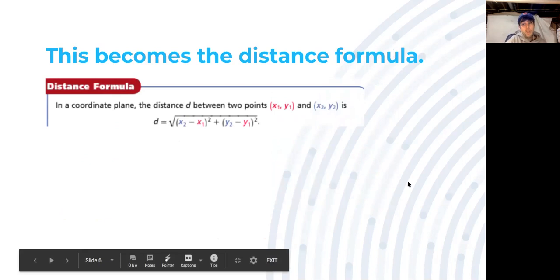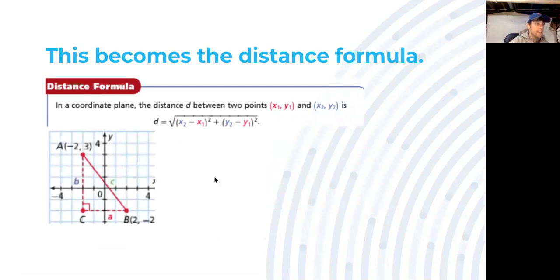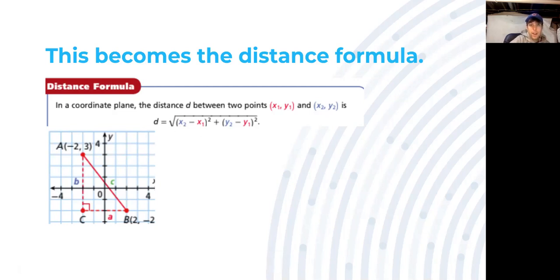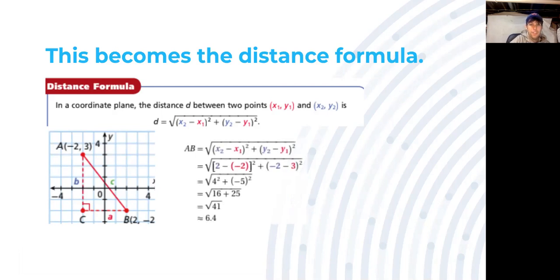The distance formula is really the same exact thing as the Pythagorean theorem. It's a little bit tricky to see it, but if you're finding the distance between 2 points, and these are our coordinates right here, you can see the coordinates for A and the coordinates for B. These things, x2 minus x1 and y2 minus y1, those are just tricky ways for us to figure out the side lengths of this right triangle.